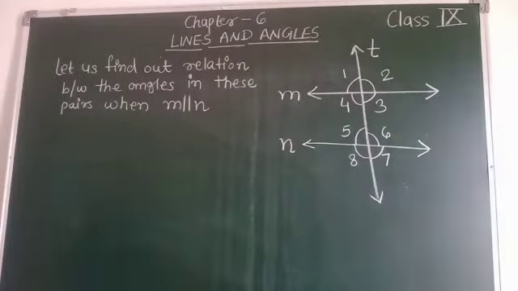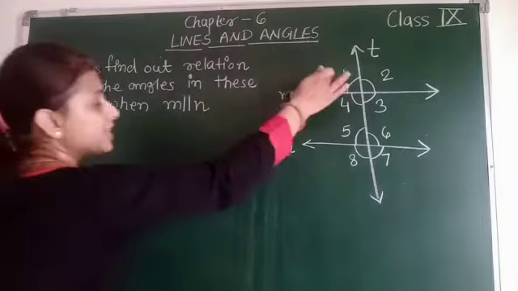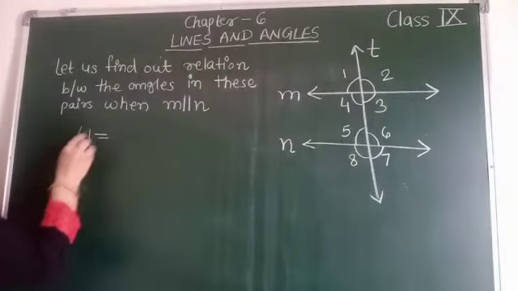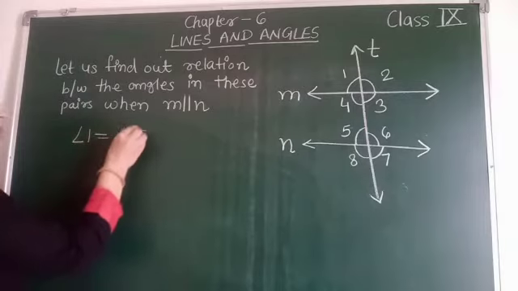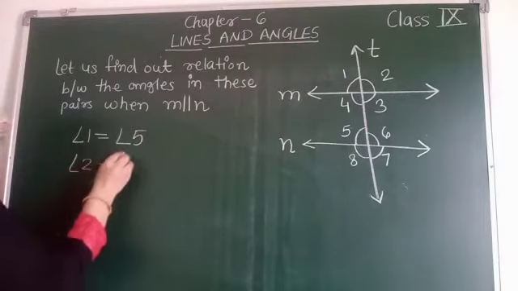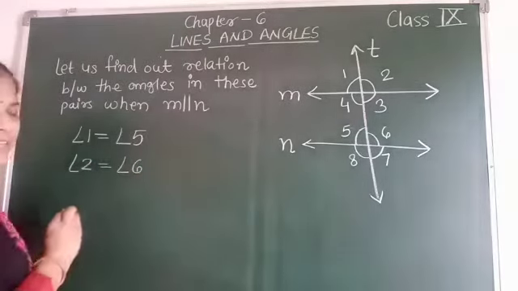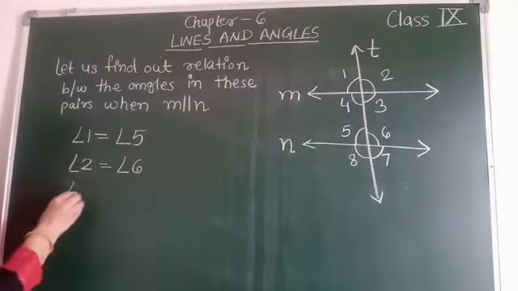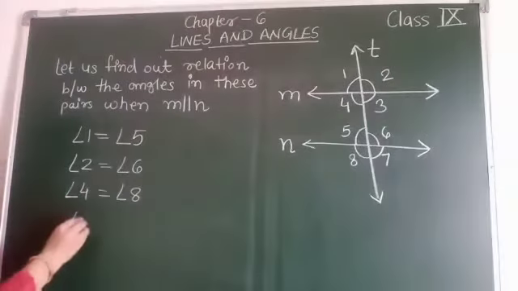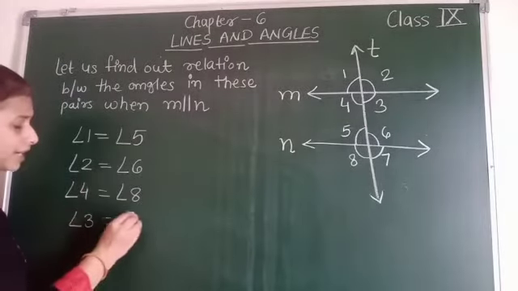Then measure any pair of corresponding angles and find the relation between them. When you measure angle 1 and angle 5, you will find angle 1 equals angle 5. Angle 2 equals angle 6, angle 4 equals angle 8, and angle 3 equals angle 7.